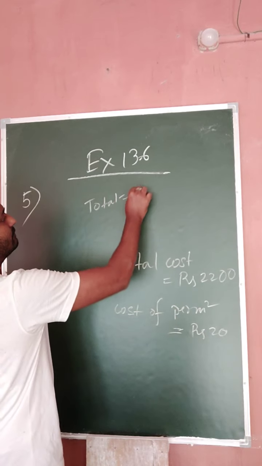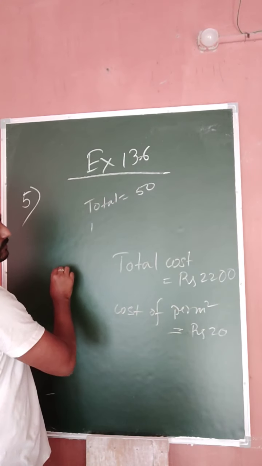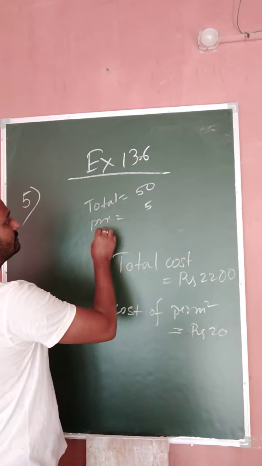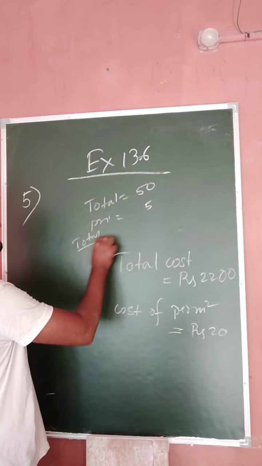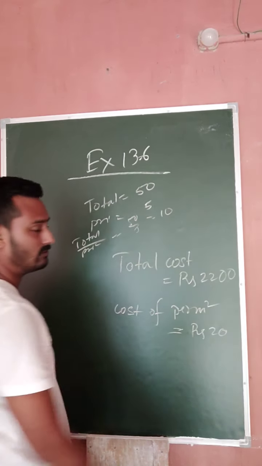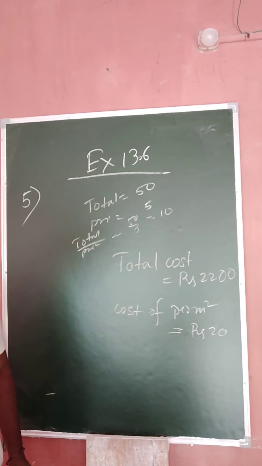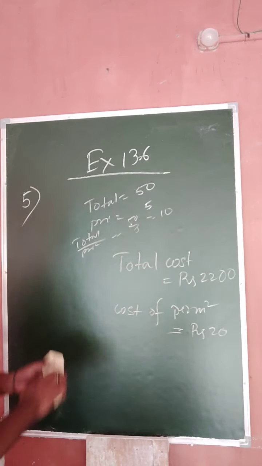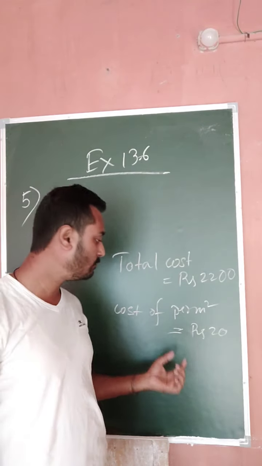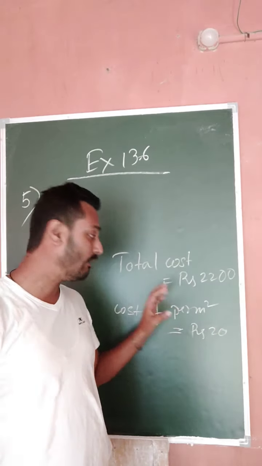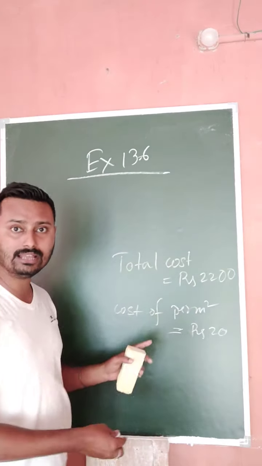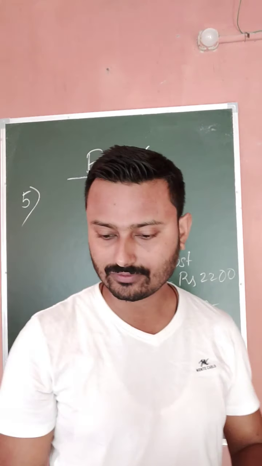Suppose you spend 50 rupees buying some pens and the price of one pen is 5 rupees, then how many pens do you buy? That is total divided by the price of one pen, 50 by 5, that will be 10. Like that, in this case the total cost is rupees 2200 and the cost of 1 meter square is rupees 20. That means how many meter square is present? So 2200 divided by 20 will be the inner curved surface area of the vessel.